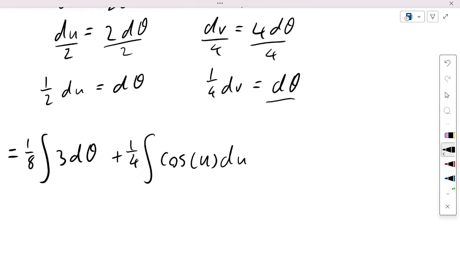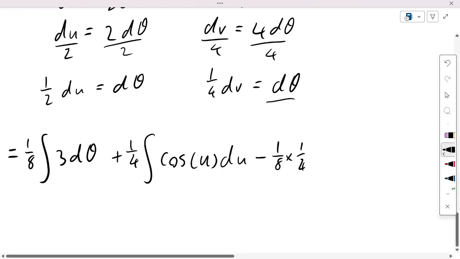So therefore, we can write it like this: minus 1 over 8 multiplied by, because we're taking this quarter out of the dv, 1 over 4. And this 1 over 4 multiplied by 1 over 8 can be written as 1 over 32. Integral, and we're going to have cosine of v with respect to v.